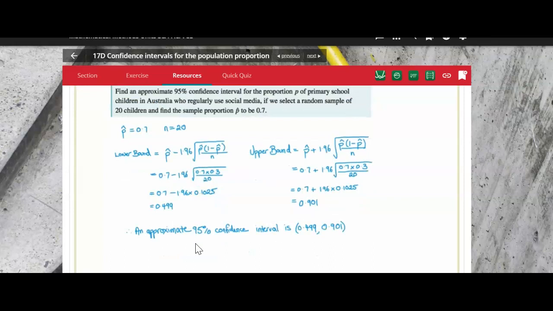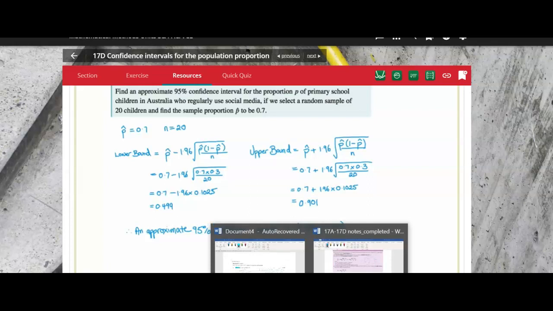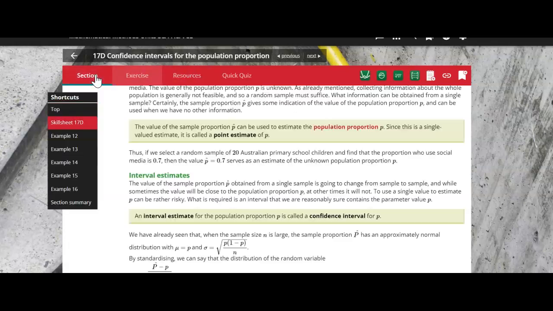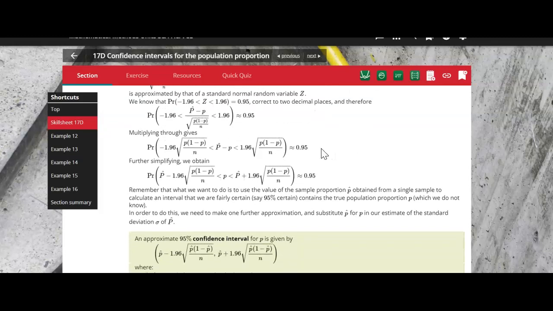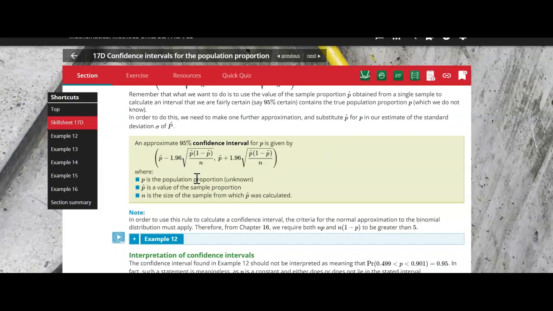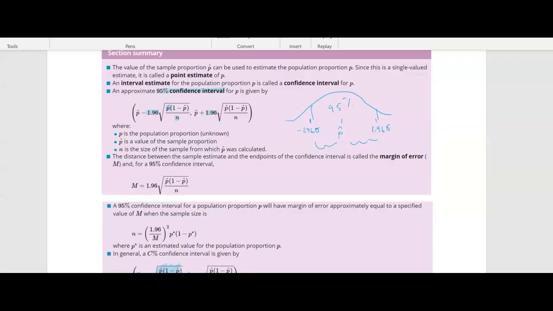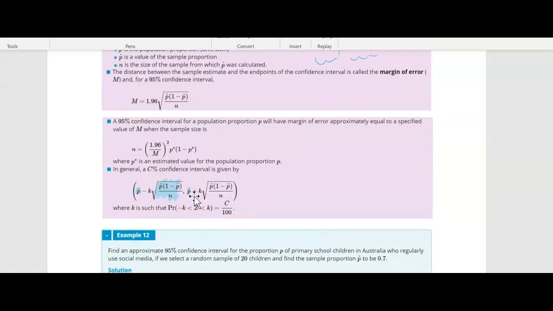Let's go back to the textbook. There's a lot of information on there, but you just really need to remember the 95% confidence interval, that 1.96. There was a question on a past exam where you had to use this formula, but because it's on the formula sheet as this second general one, you may be asked for 90% or 99%, not necessarily 95%.